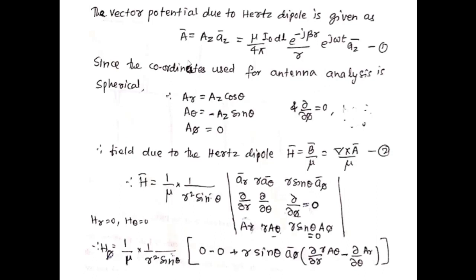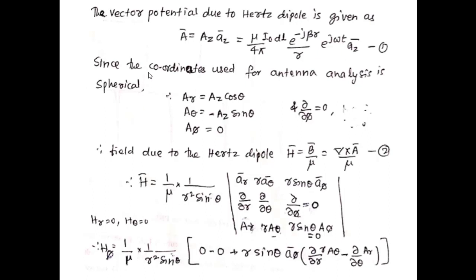The vector potential due to Hertz dipole is given as A bar is equal to the z component of A bar along the a z bar direction. We get mu divided by 4 pi, I naught dl into e raised to minus j beta r whole divided by r, e raised to j omega t, along the a z bar direction.